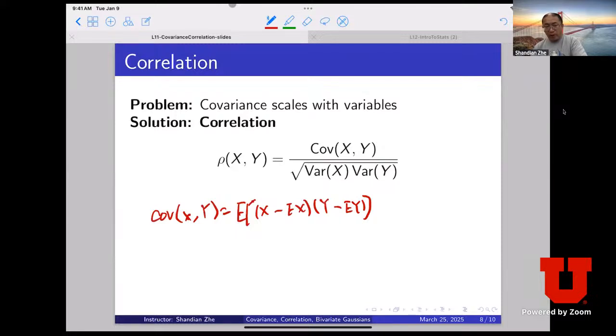The covariance indicates in which direction and to what degree the two random variables are changing. If they change in opposite directions, the covariance is negative. If they change in the same direction, the covariance is positive.